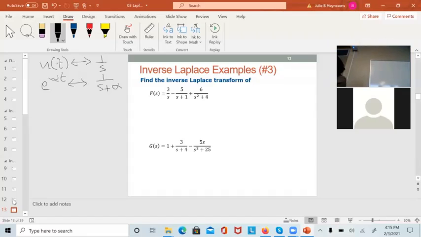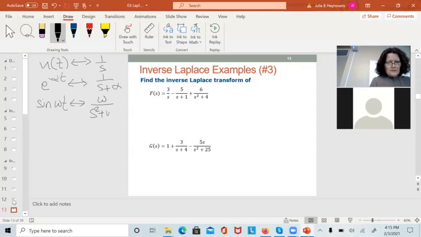It's either a sine or a cosine. It is right here. Sine omega t transforms into omega over s squared plus omega squared. Okay, so that's all I need to know for that one.